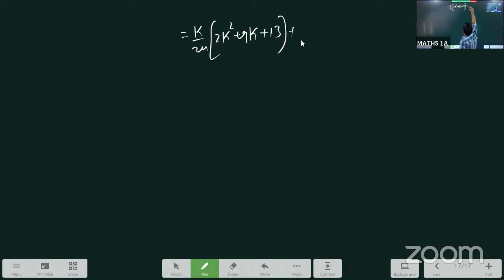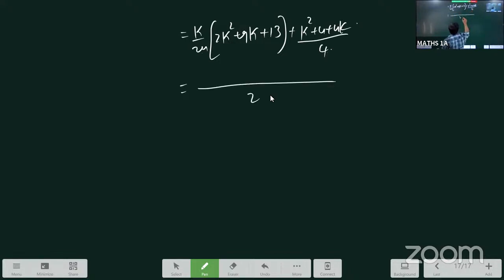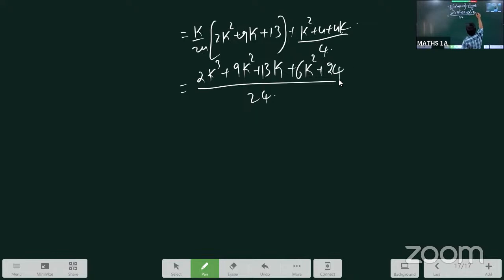That is k square plus 4 plus 4k, divided by 4. The LCM of 24 and 4 is 24. That is 2k cube plus 9k square plus 13k, plus 4 6s are 6k square, plus 4 6s are 24, and this is 24k.